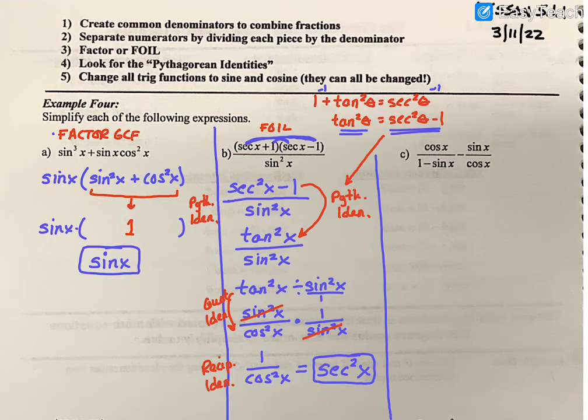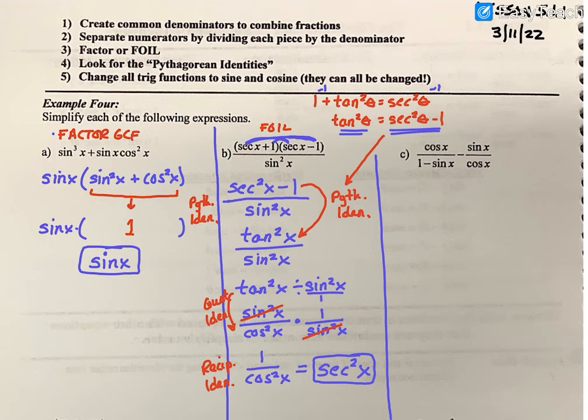Okay. Example C. We have cosine x over 1 minus sine x, minus sine x over cosine x. I'm going to cut to the chase and tell you I see two fractions being subtracted. Two fractions being subtracted, I'm going to go for a common denominator.